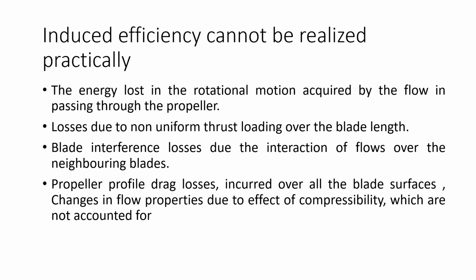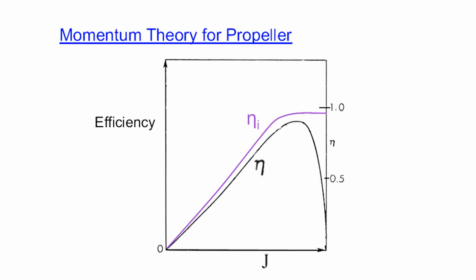So the momentum theory is addressing so much. So with this I would want you to, okay, we have one more here. So if this is the actual efficiency, okay, like we did see how the propeller will reach a maximum efficiency for a given velocity and beyond which how it will decline. So even that is not being addressed here.